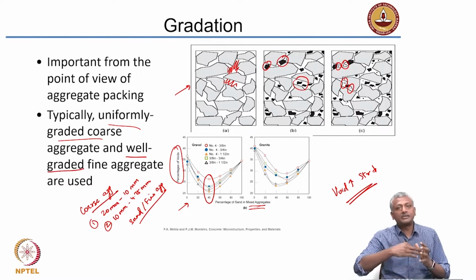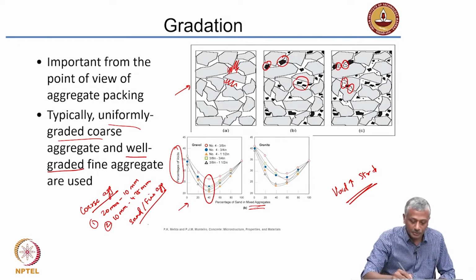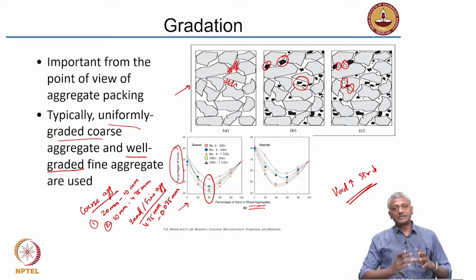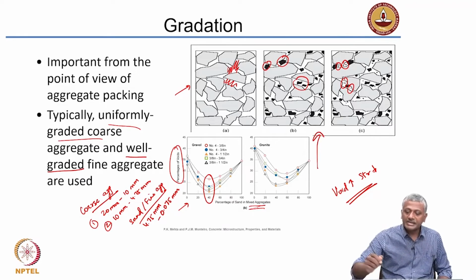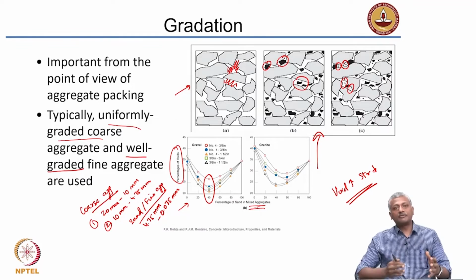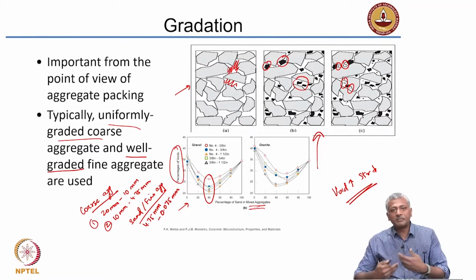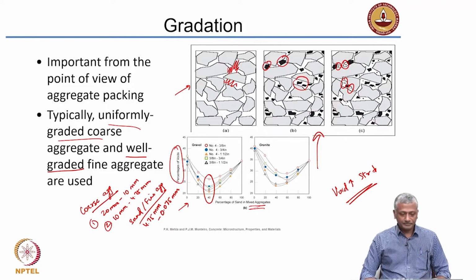That means it's got particles in a large range. So, it goes all the way from 4.75 millimeters to 75 microns or 0.075 millimeter. So, particle sizes are varying over a large range, because of which they can satisfy this kind of a condition where they start filling up the voids left behind by the previous set of aggregates.